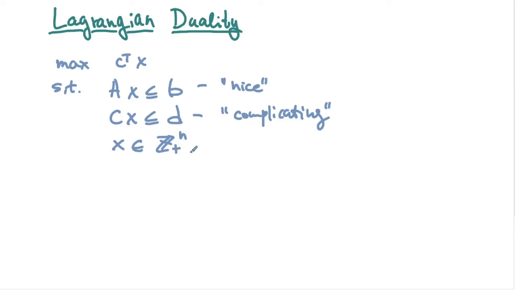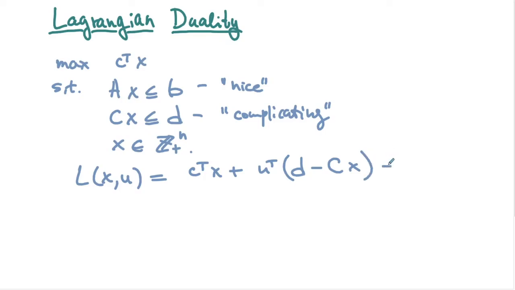So what we are going to do, we will dualize the complicating constraints by introducing the Lagrangian function. So L of x, u in this case is going to be c transpose x plus u transpose multiplied by (d minus Cx). This is the Lagrangian function, which will be the objective for our Lagrangian relaxation.